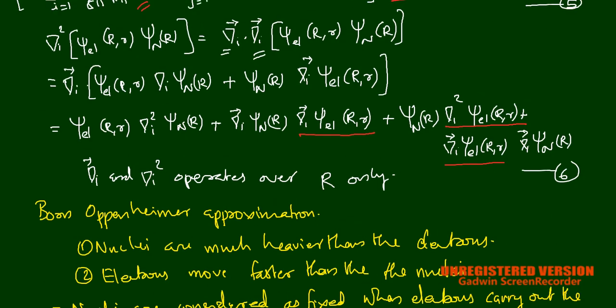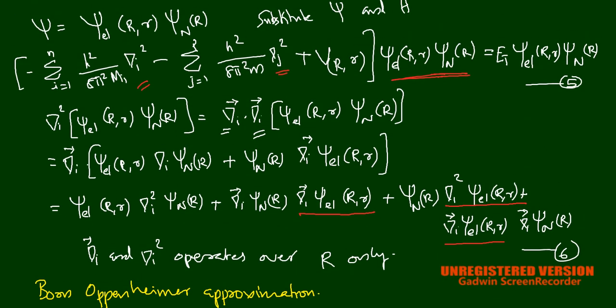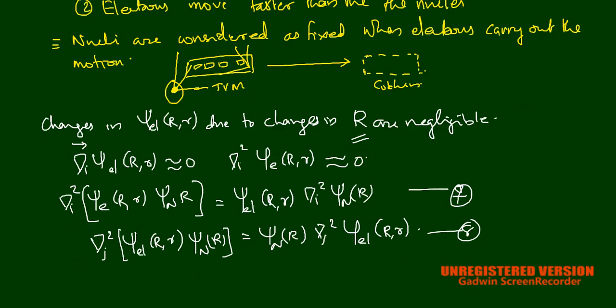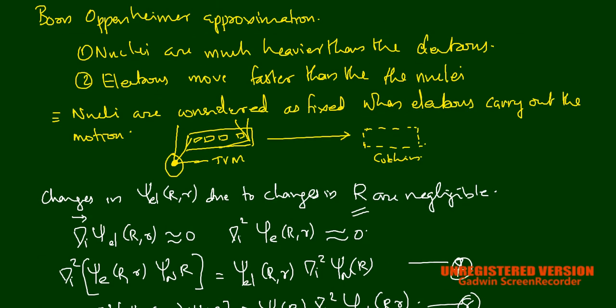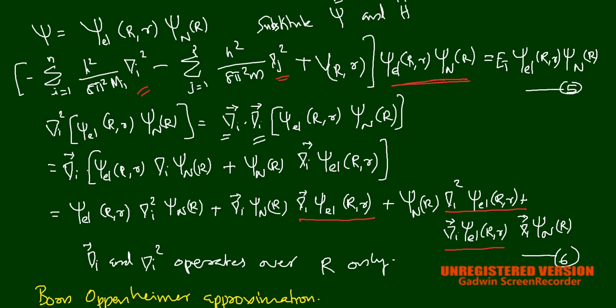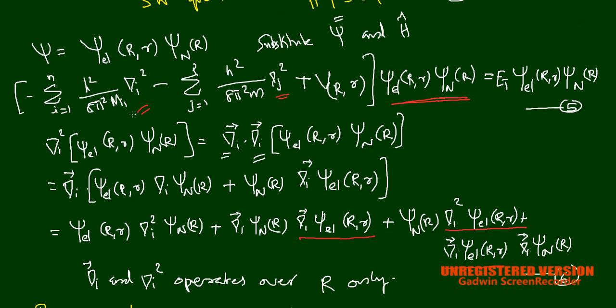Schrodinger equation was equation number 5. So let us substitute.